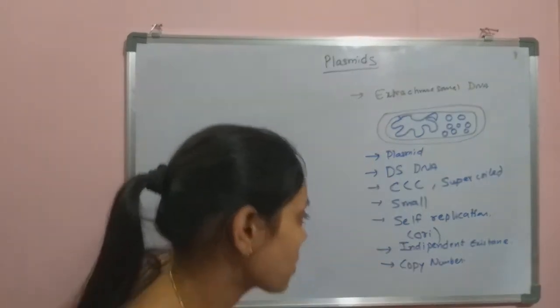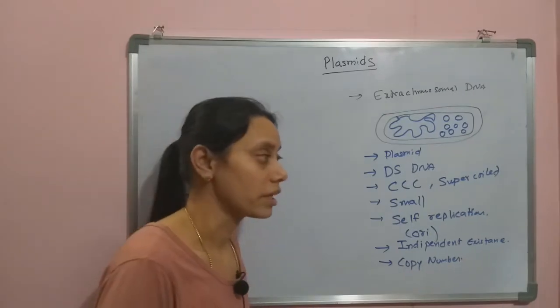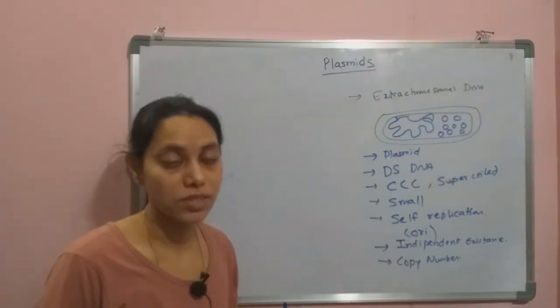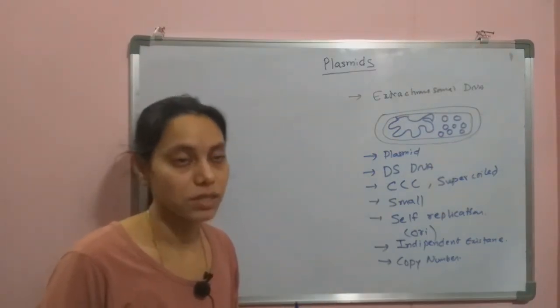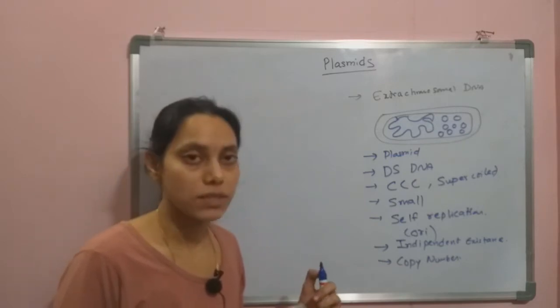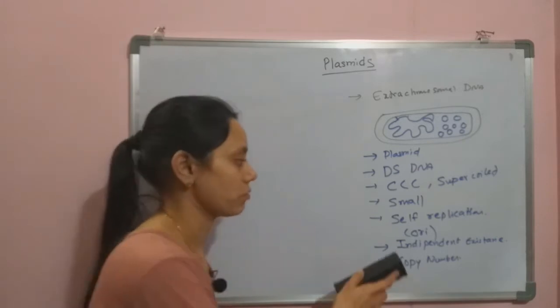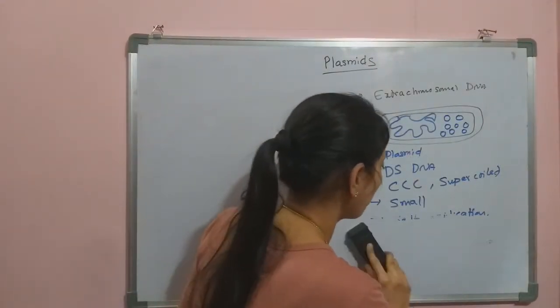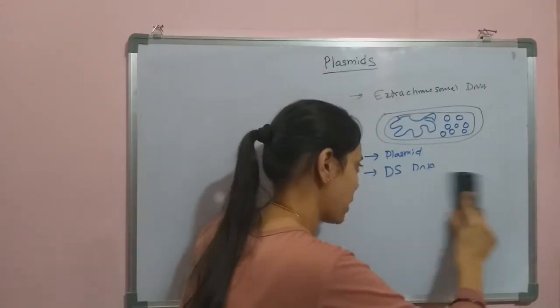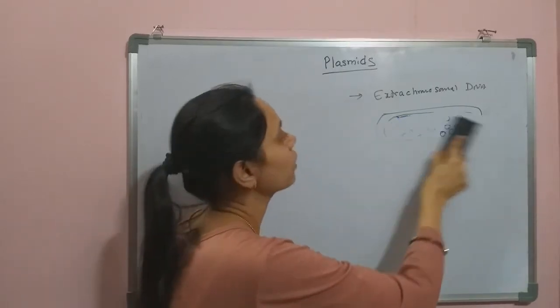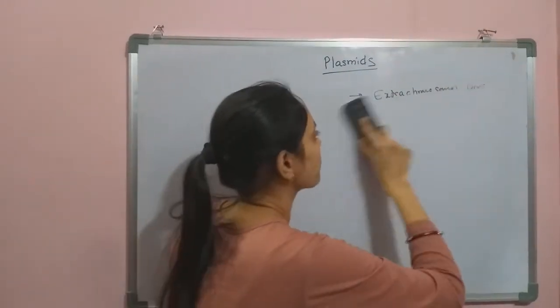That is the basic importance: they help the bacteria survive under stress by giving resistance, and may help it survive in competition. So that is the main importance and the main features of bacterial plasmids.